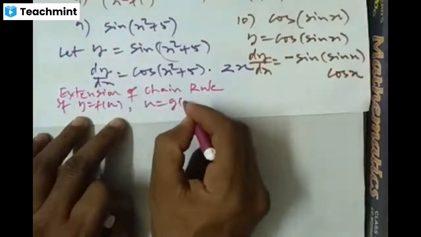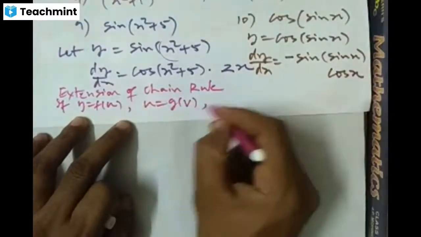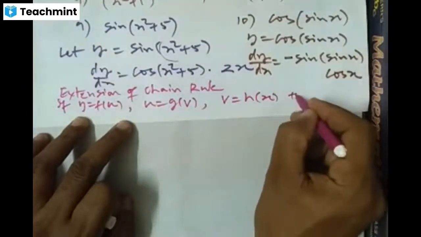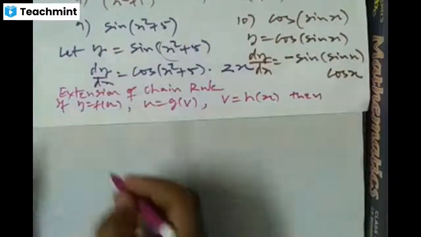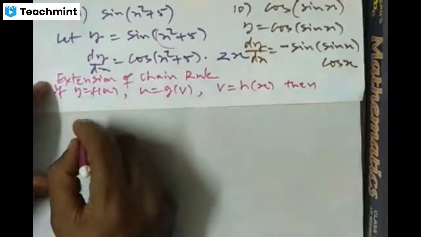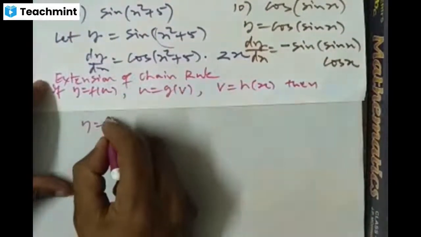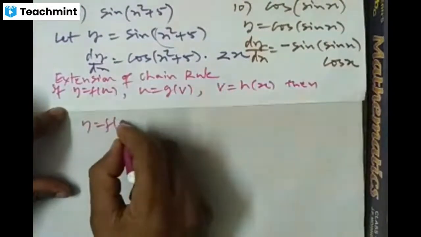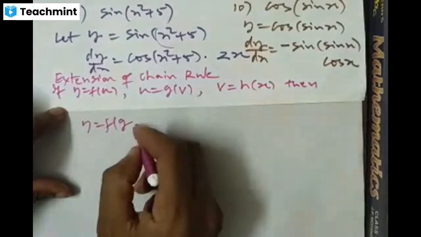a function of another variable v, and v is a function of x, then y is equal to f of, what is u? U is g of v, right?